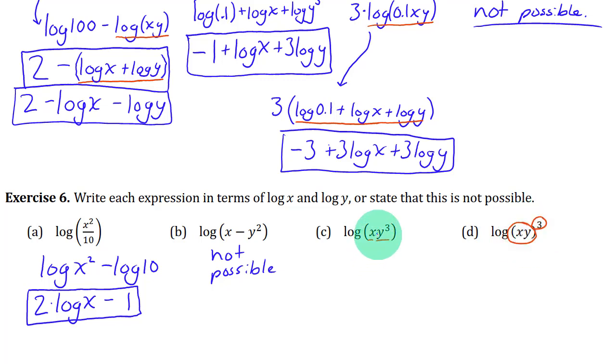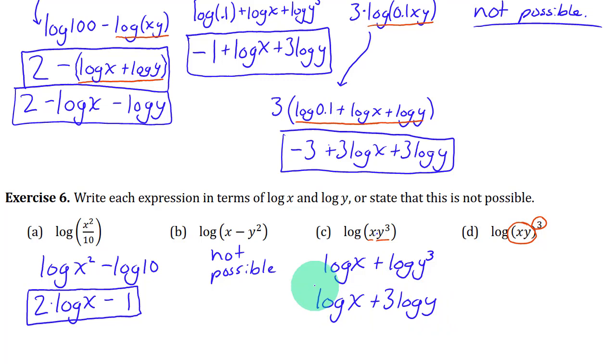So log law 1 applies to C here. This should turn into log of x plus log of y to the power 3. And now, with that one, you can use log law 3 and take that exponent 3 and write it as multiplication in front of it. And you get that.